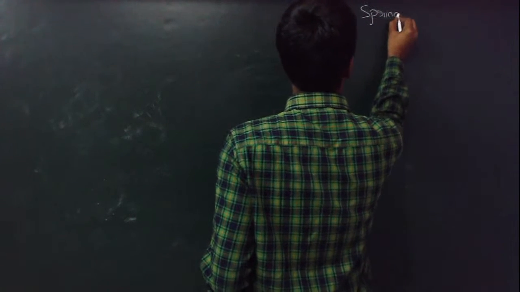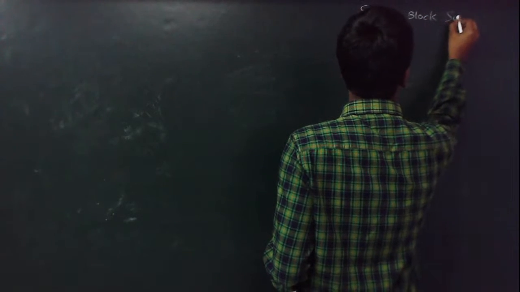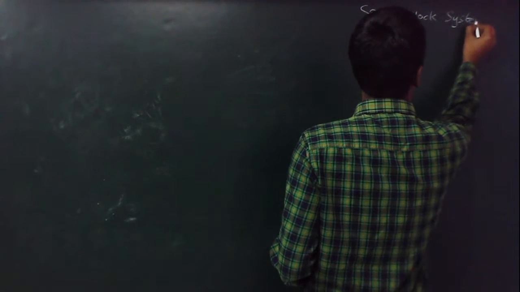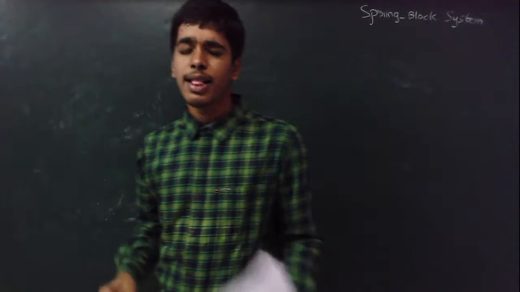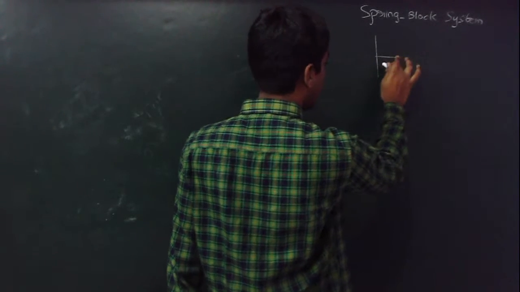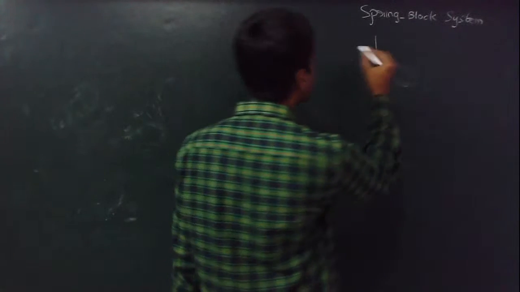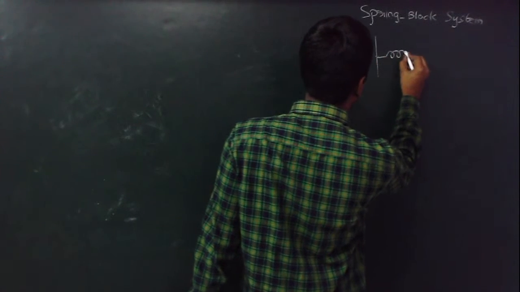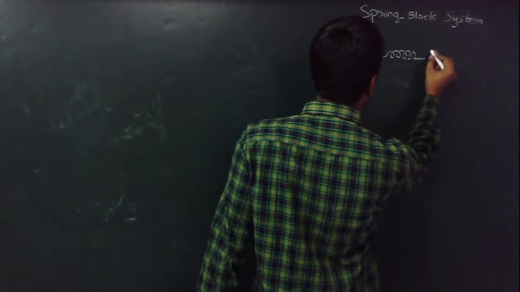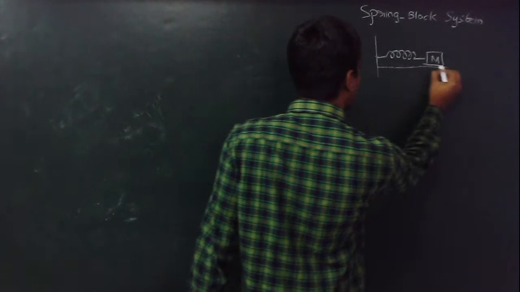Spring block system. Now, the spring block system is one where the spring is attached at one end, and at the other end a block of mass M is attached.